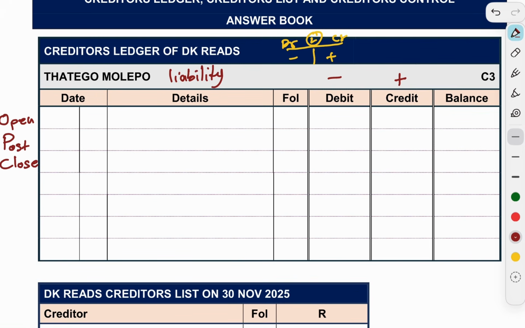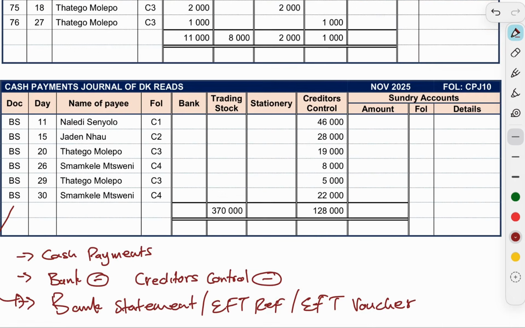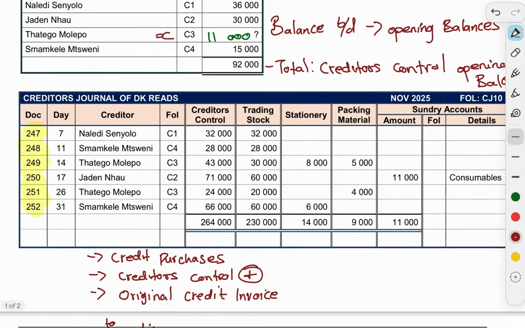But before we go to the information, let's write the date. So according to the information, the year is 2025, the month is November. We need the opening balance. Okay, so it's going to be balance brought down. Okay, some textbooks will say account rendered. It's still fine. Okay, so let us go to the information. We are looking for the opening balance.